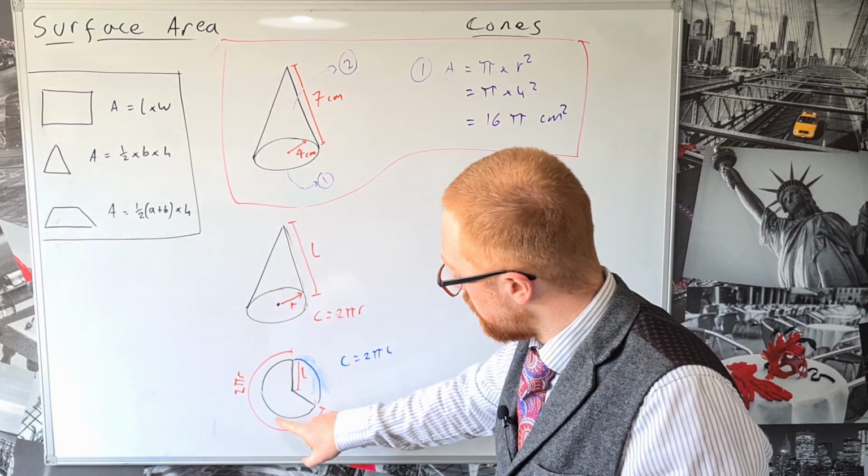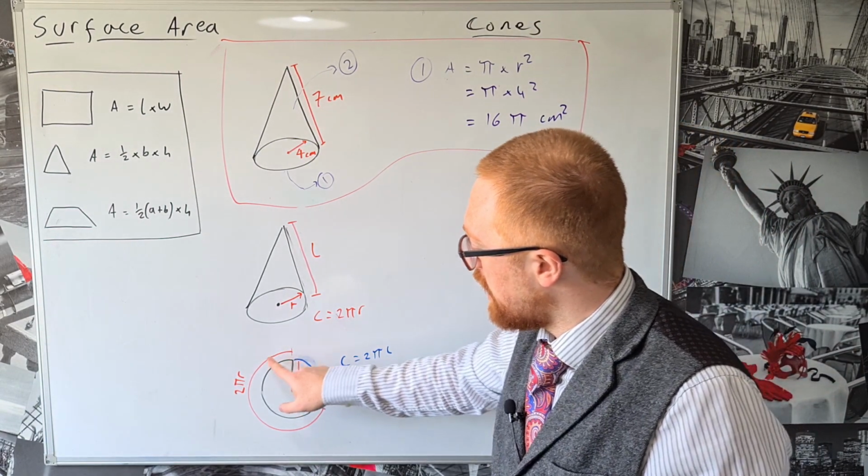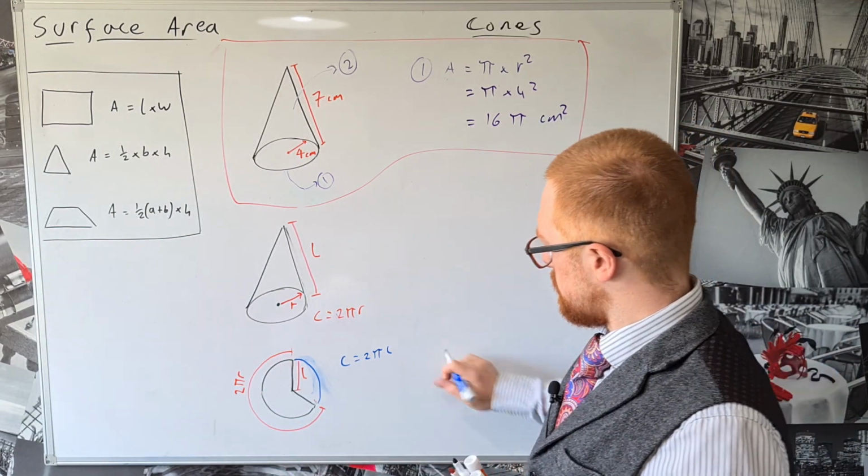If the whole circumference is 2 pi L, we only have 2 pi r of that circle.